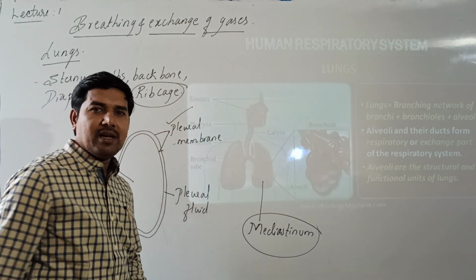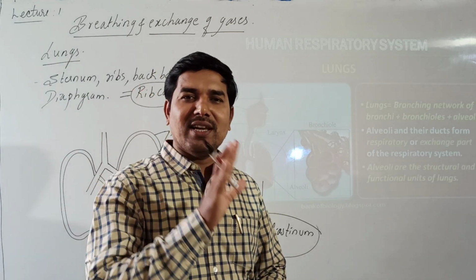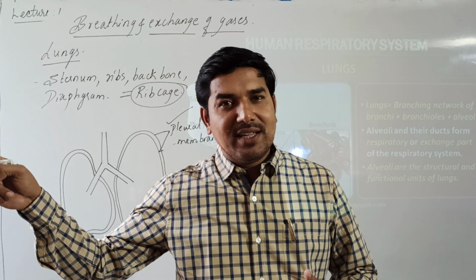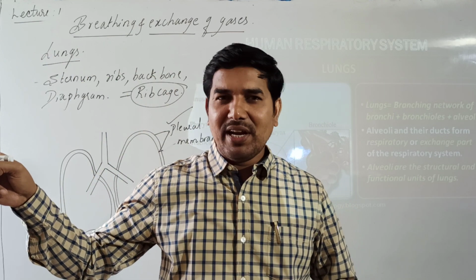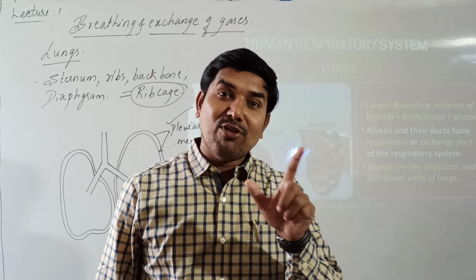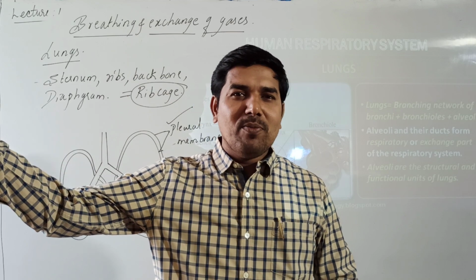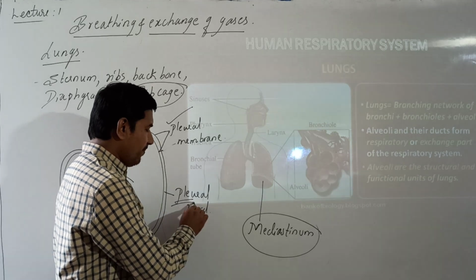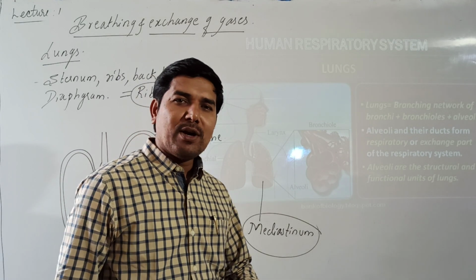Name the membrane covering the lungs: pleural membrane. Similarly, name the membrane covering the heart: the pericardial membrane. In the heart we have the pericardial fluid. Here we have the pleural fluid. Okay, so this is regarding the lungs.